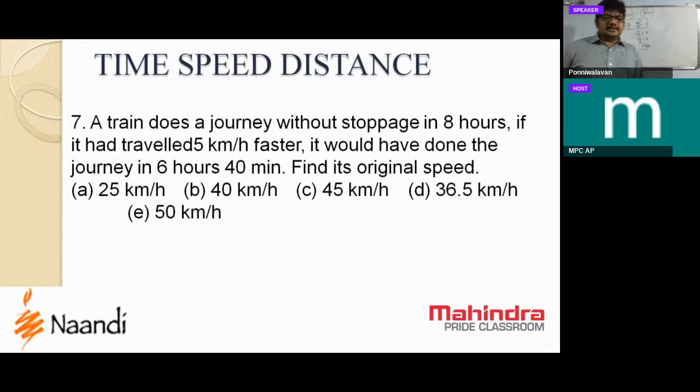A train does a journey without stoppage in 8 hours. If it had traveled 5 kilometers per hour faster, it would have done the journey in 6 hours 40 minutes. Find the original speed.